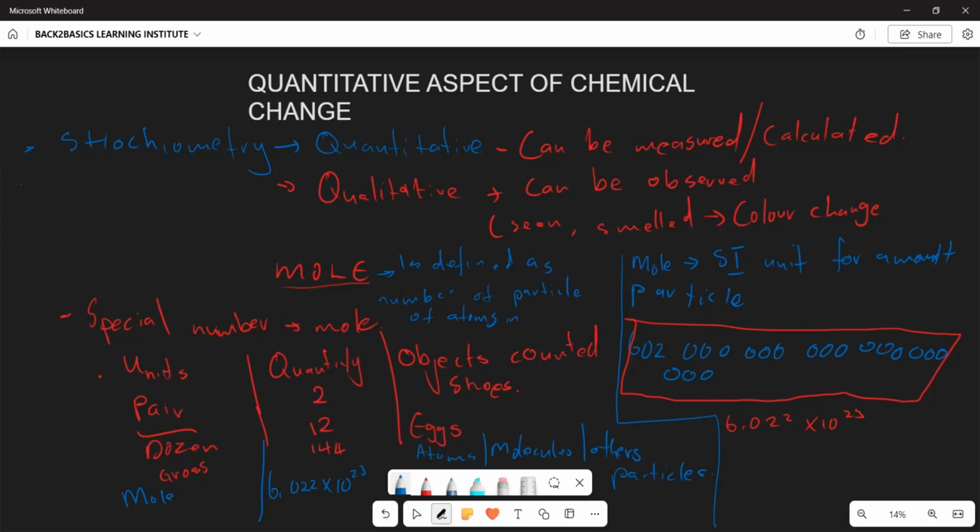Basically, carbon 12 is that special value which was calculated so that we had this standardized value.